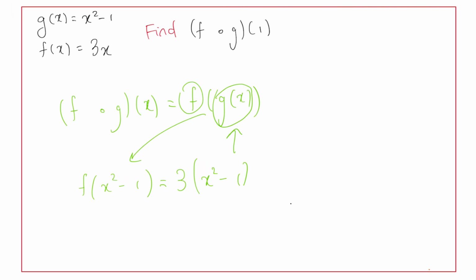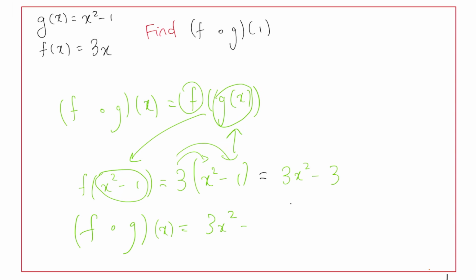In the place of x, we put x squared minus 1. We're plugging in g of x. We get 3x squared minus 3. We just distribute the 3. So we've found that f of g of x is equal to 3x squared minus 3.